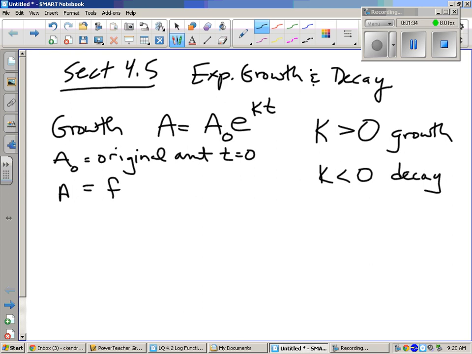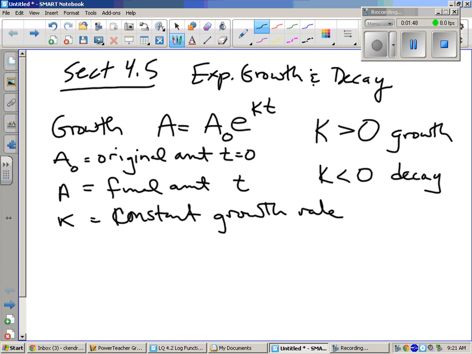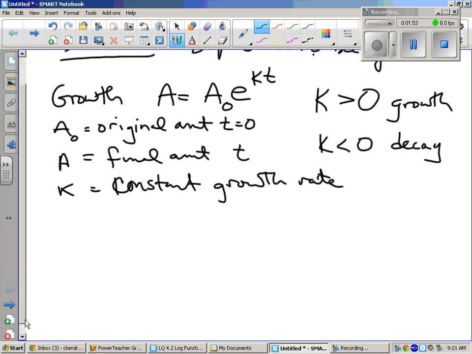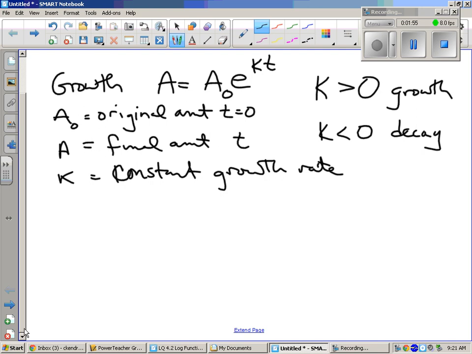So A is the final amount at time t, and k is the constant growth rate. Okay, so we're not necessarily talking about money. And decay is the exact same formula except the k ends up being less than 0.